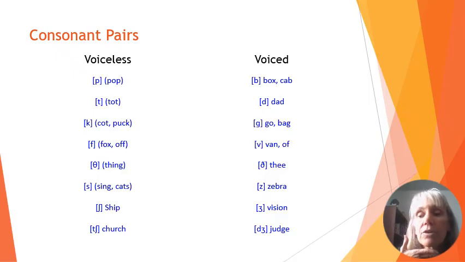If I put my hand over my vocal cords here, I'm not going to feel that vibration. Pop, pop. But if I go to its pair, b, I feel a vibration. Box, cab.